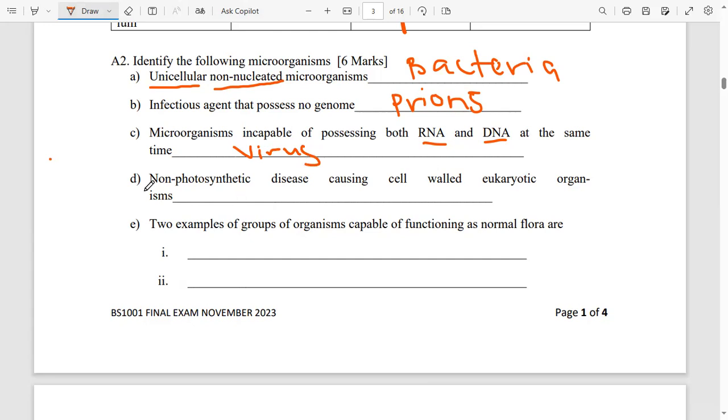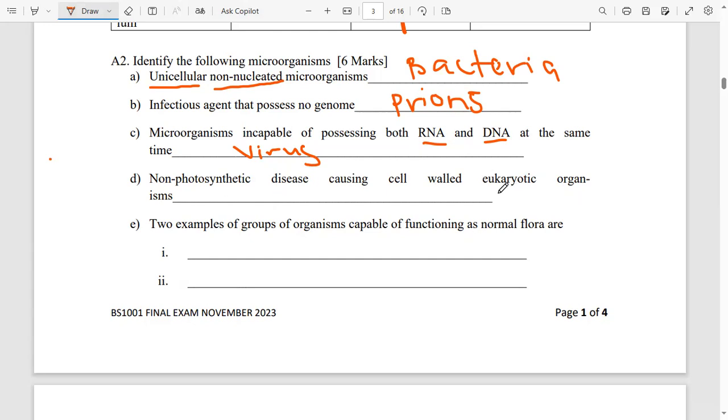And then number D, they're saying we name this organism that is being described: a non-photosynthetic, disease-causing, cell-walled eukaryotic organism.